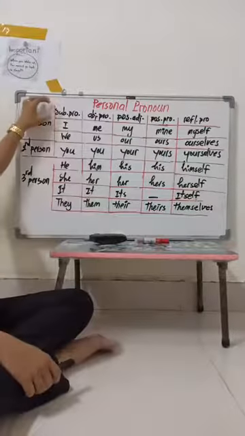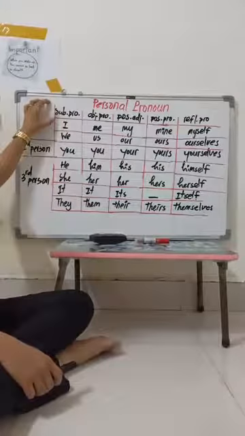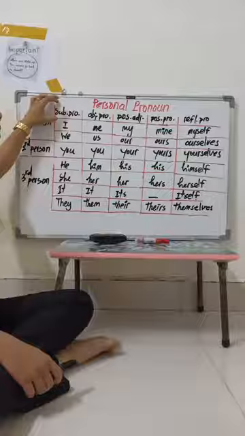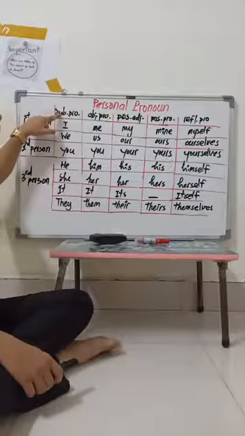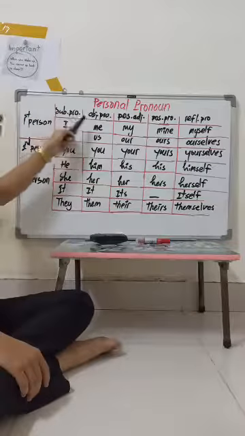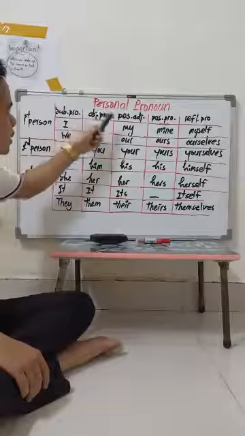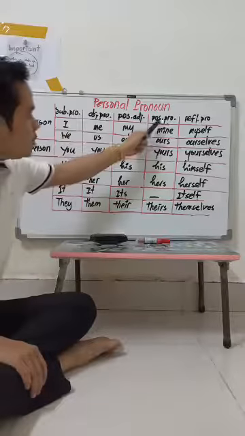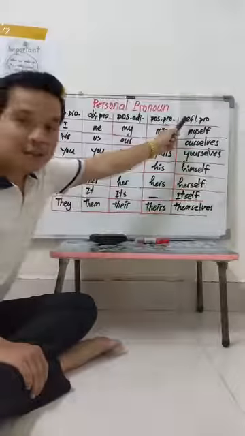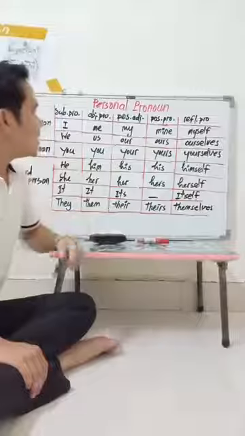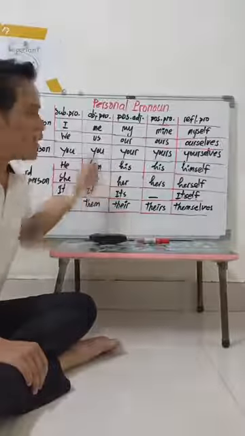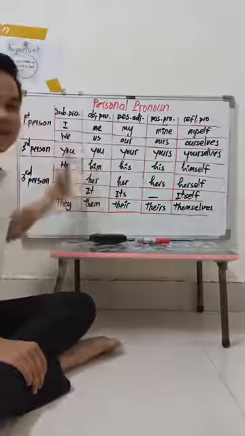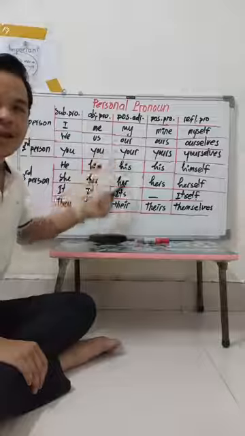I hope you understand the shorthand words that I wrote on the whiteboard. This one we call subject pronoun, and this one we call object pronoun, possessive adjective, possessive pronoun, and reflexive pronoun. They are used differently, exactly. So we learn one by one to use them correctly.